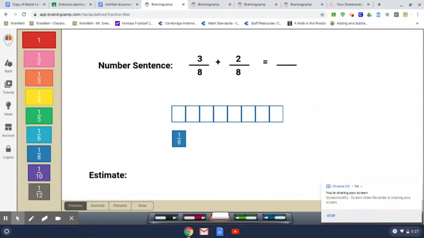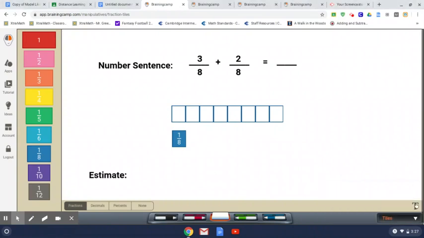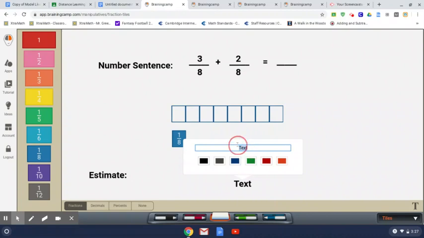So I'm going to look up here, and I have 3/8. If this is my whole object, and I know that this is the halfway mark, 1, 2, 3/8, that's pretty close to half. So I'm going to say that's about half. That's about a half.